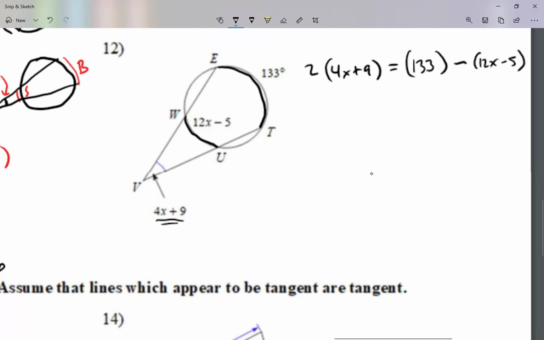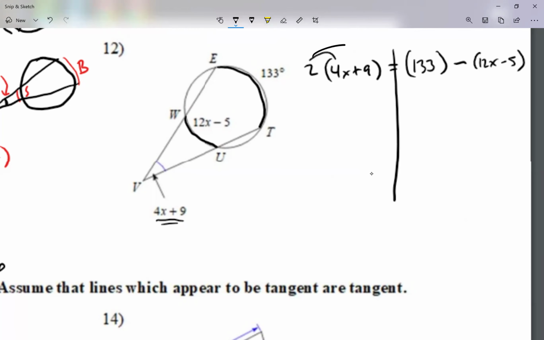Okay, now let me separate my sides. Let me get rid of parentheses. On the left, let me distribute the 2. So that's going to give me 8x plus 18 equals, first parentheses, 133. Nothing I can do. Now let me distribute the negative sign. So it's going to give me negative 12x plus 5, right?